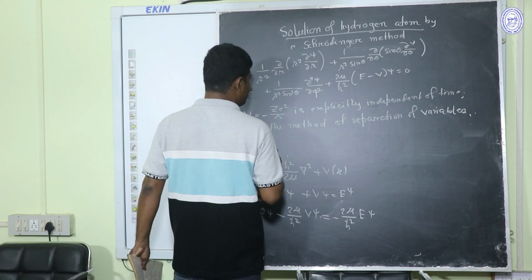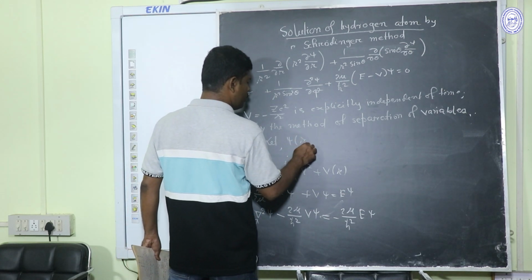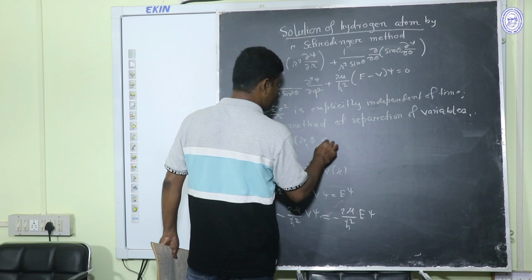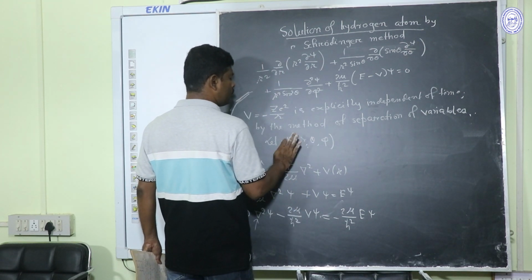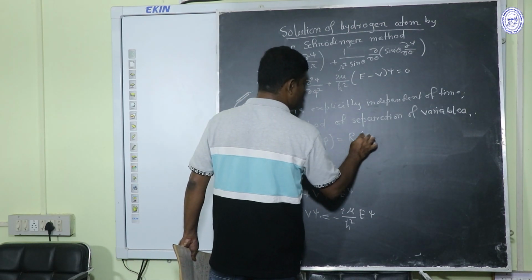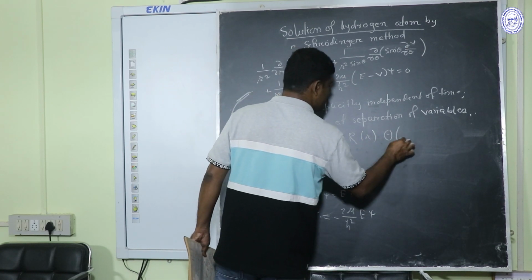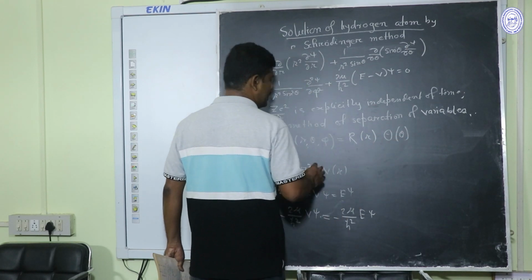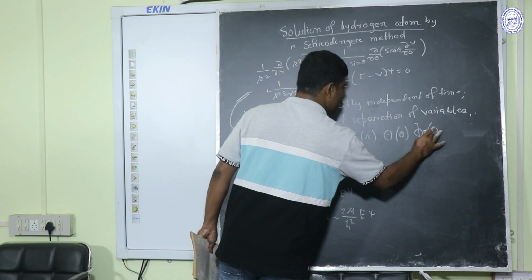In the method of separation of variables, let psi, a function of r, theta, phi, be a function of three coordinates, and we can write it as capital R, which is only a function of small r, capital Theta, which is only a function of small theta, and capital Phi, which is only a function of small phi.